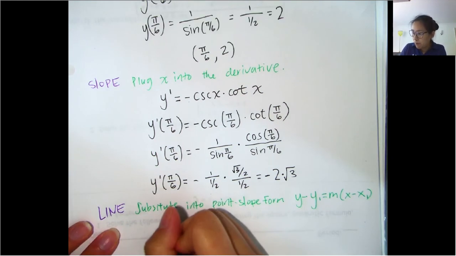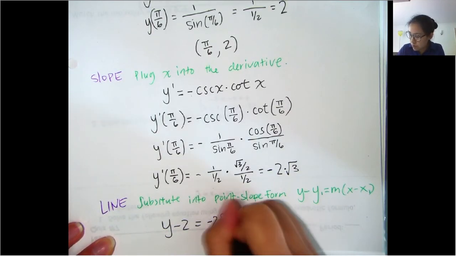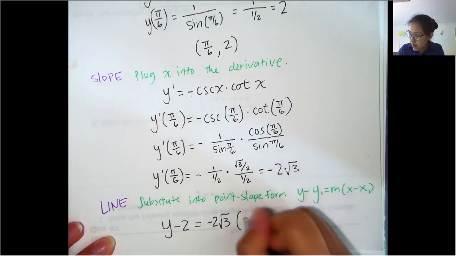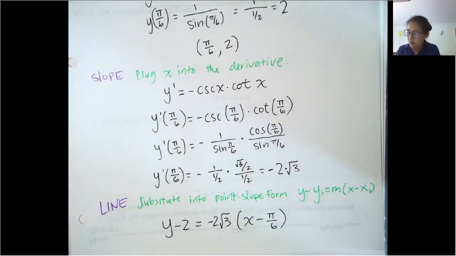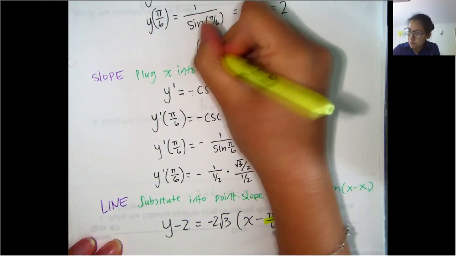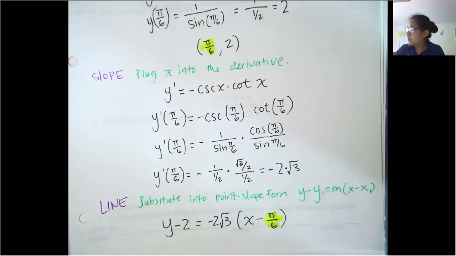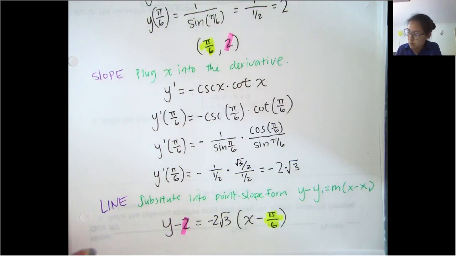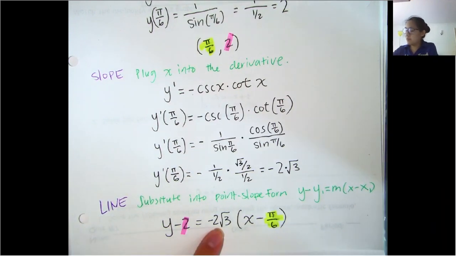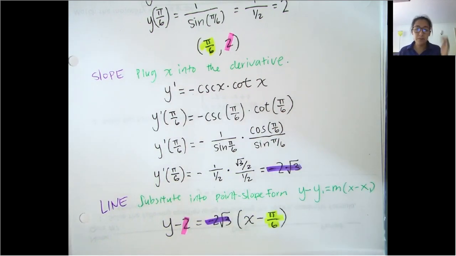And so you have y minus 2 equals m, which is negative 2 root 3, times x minus pi over 6. Okay, so just to reiterate, this is the x value, this is the y value, and of course, this m is the slope, which we got from plugging into the derivative. Okay, that's all. Happy day.